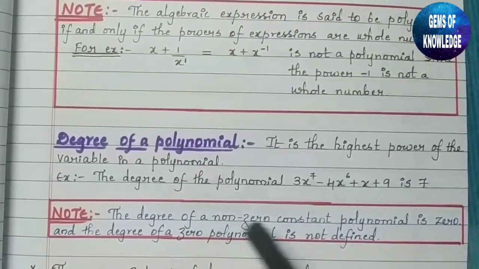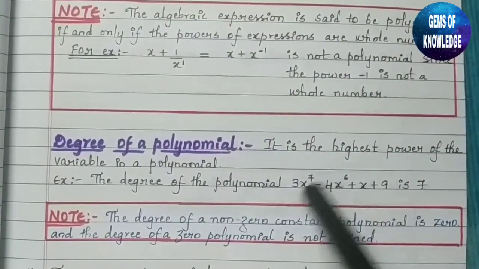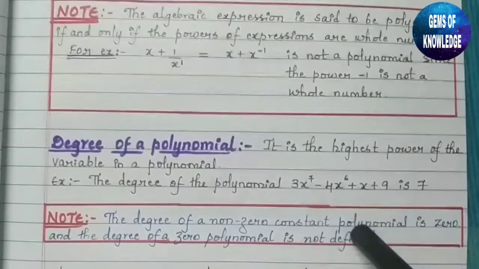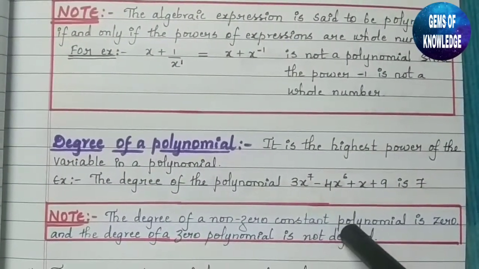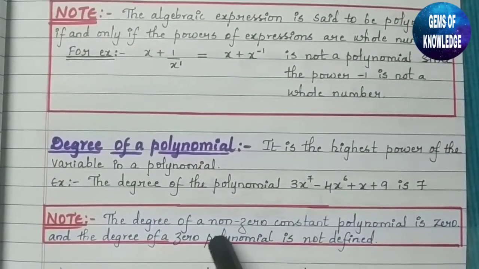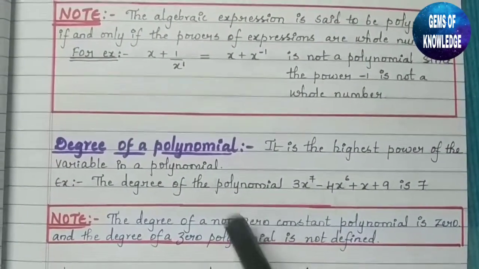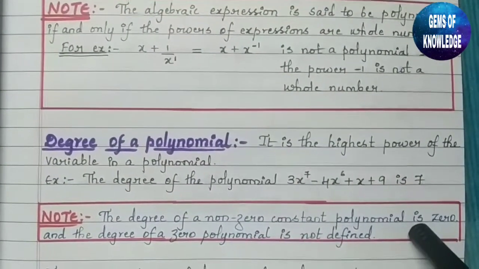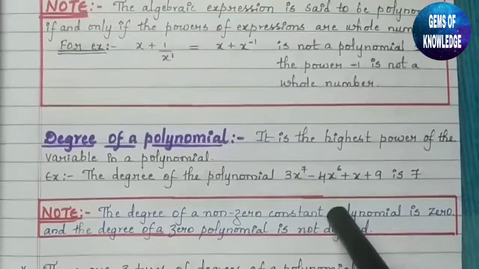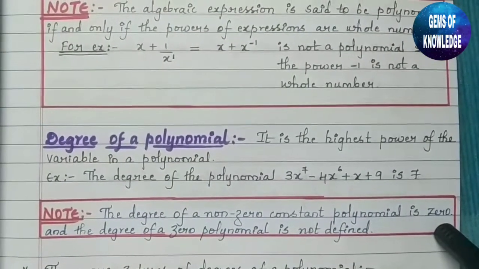You know what constant polynomial is? Constant polynomial means any numerical value except 0, because here they have clearly mentioned non-zero, which means not 0. Always the degree of that constant polynomial will be 0.